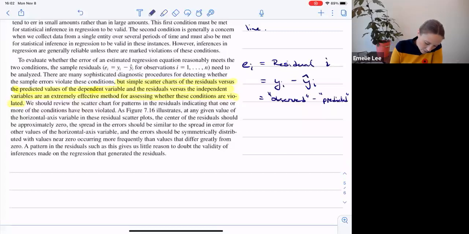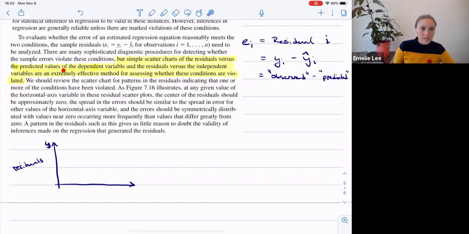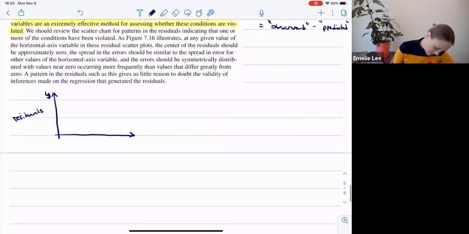So the residuals are going to go on the y-axis, and the predicted values of y go on the x-axis.